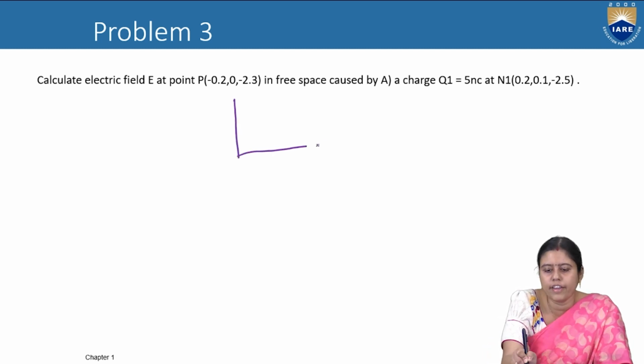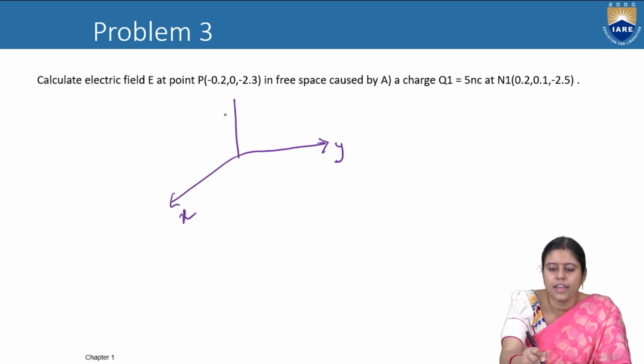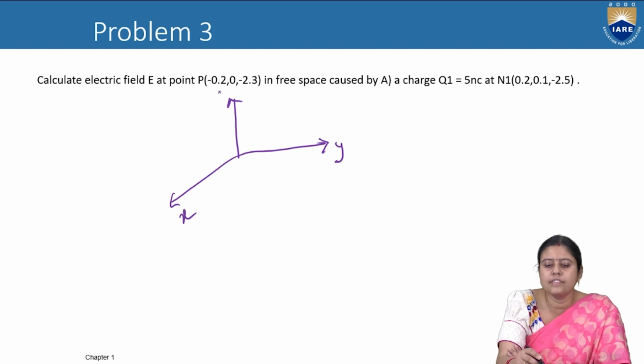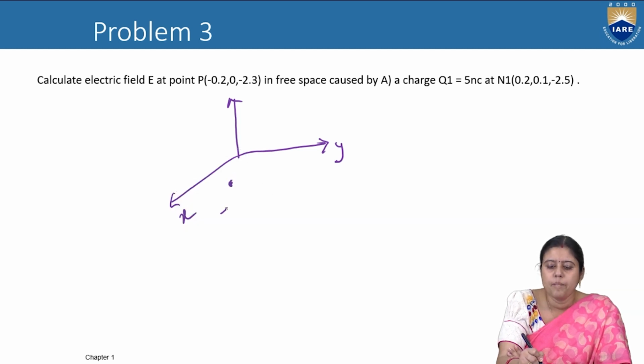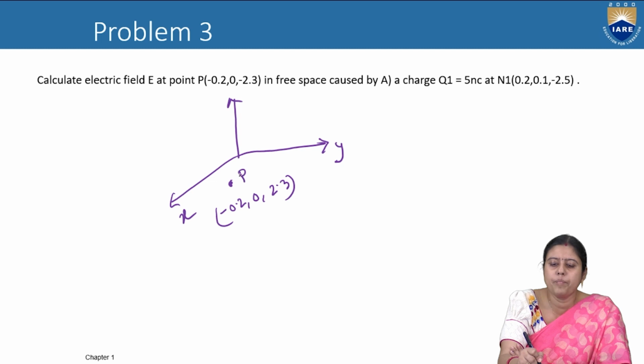Again we are drawing x, y and z. What is the value of the P? Minus 0.2, 0, minus 2.3. So somewhere in this position. This is our P point.